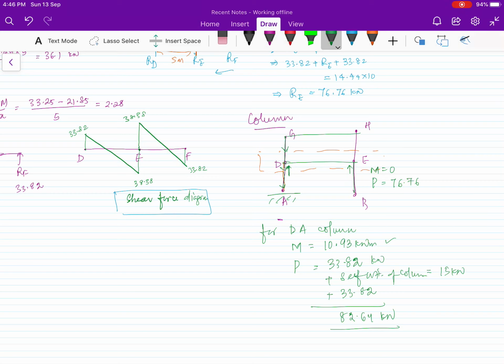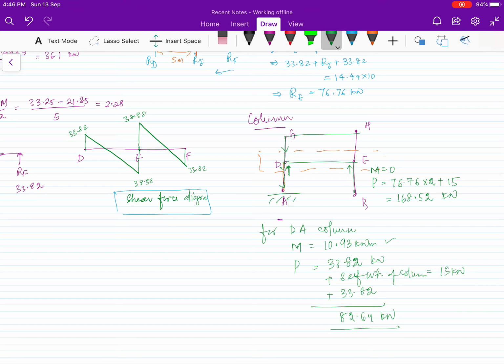Again 76.76 from above will come, plus the self weight 15. Okay, so these are the forces in the beam and column we have found out using the method of substitute frame.